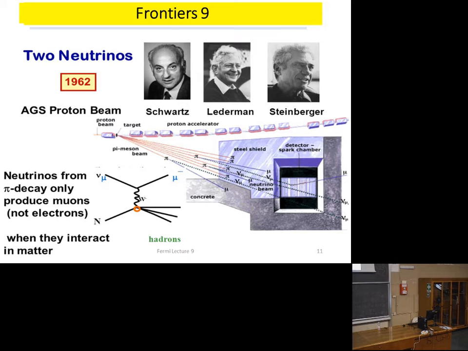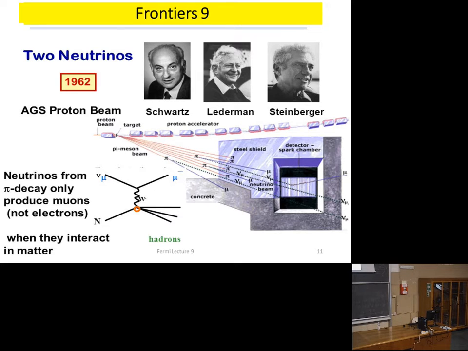using, when I talked about accelerators, the alternating gradient synchrotron. Remember I talked about how you focus a machine by having a gradient across it, which is opposite to each other, and that creates focusing. They then made a high-energy particle beam in which protons interact and made high-energy pions. So these are all pions, you'll notice.